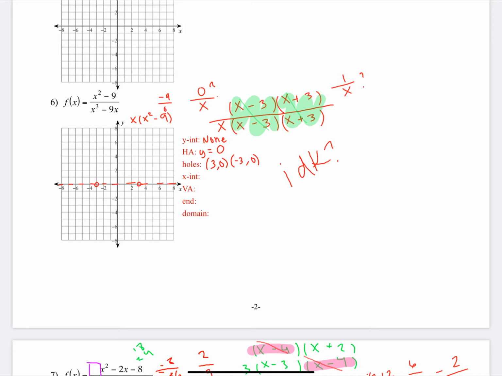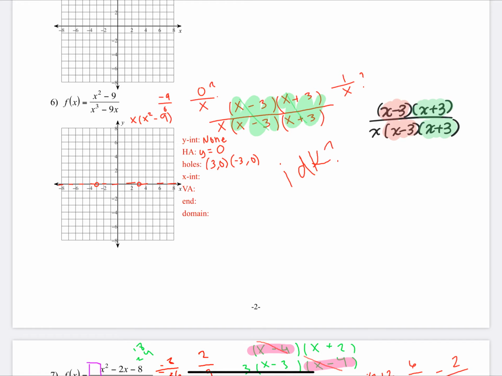Let me get a black marker here. x minus 3 times x plus 3 over x times x minus 3 and then x plus 3. So when you get your giant ones, which you did, you said x minus 3 and x minus 3 would be one giant one, and then x plus 3 and x plus 3 would be a second giant one. Those are going to help you figure out the holes in your function.